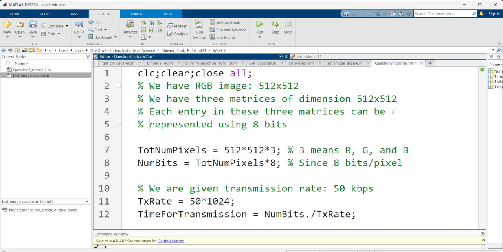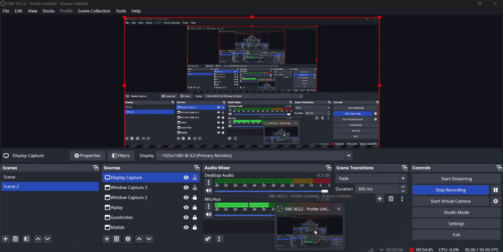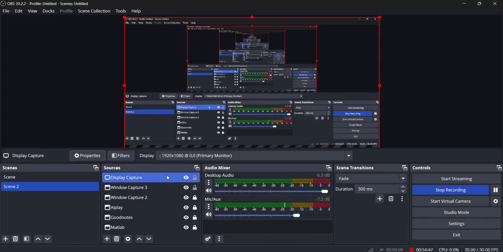I'll take a screenshot of this and paste it in whatever we are doing, so that it comes in your notes. Okay, so that's all for this question. If you have any queries, then let me know. Otherwise, I'll move on.